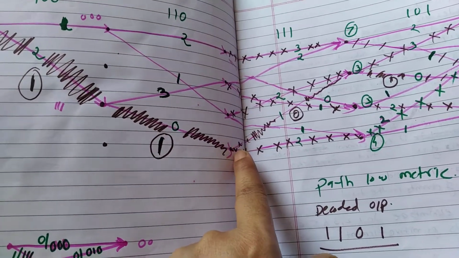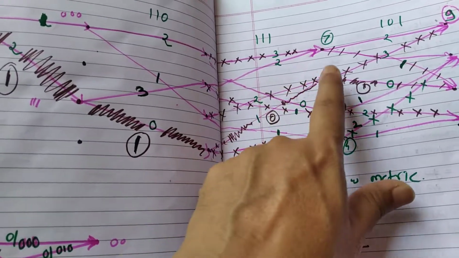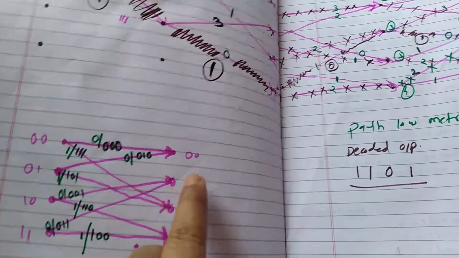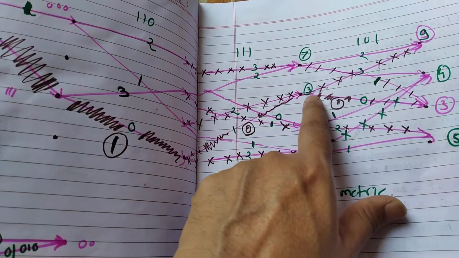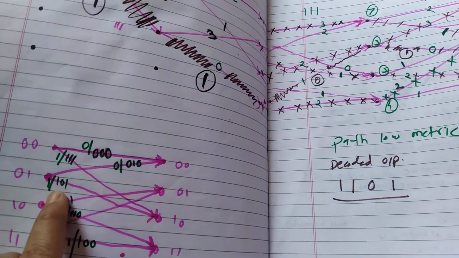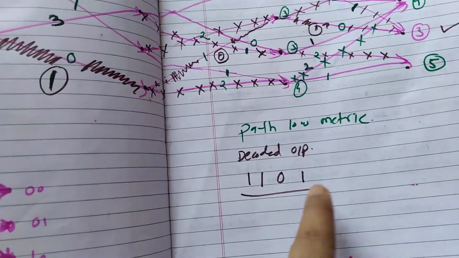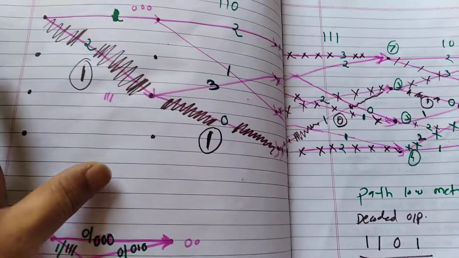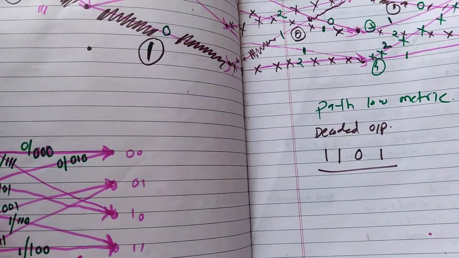Then from the last point going to the second point, the input is 0. Then from the second point going to the third point, the input is 1. So your decoded output is 1101. Okay, that's it for this video.